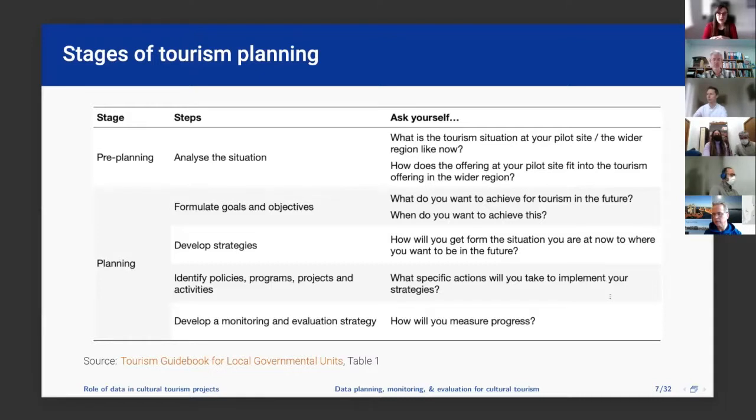And then also, importantly, developing a monitoring and evaluation strategy. So how are we going to measure progress? And this isn't just the INCULTUM project. This can be just your site in general, beyond INCULTUM.